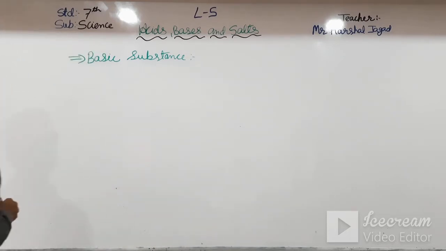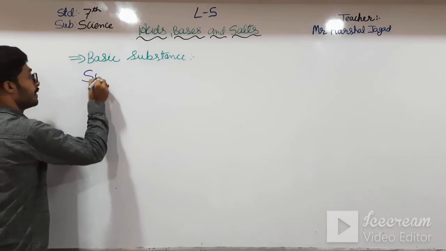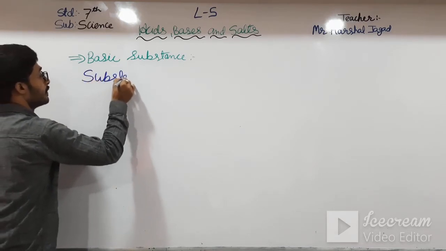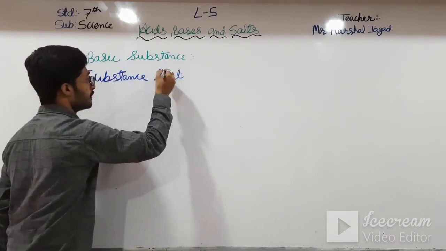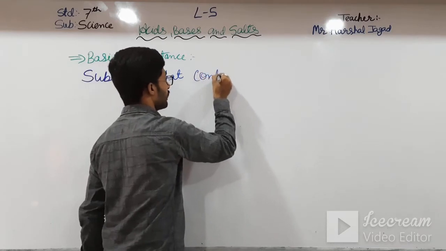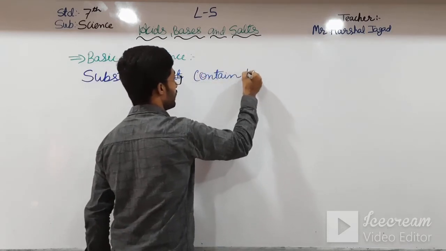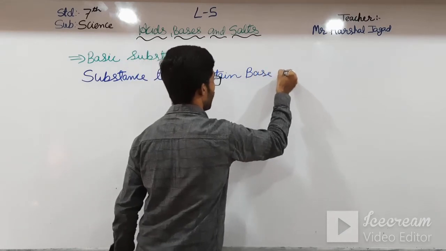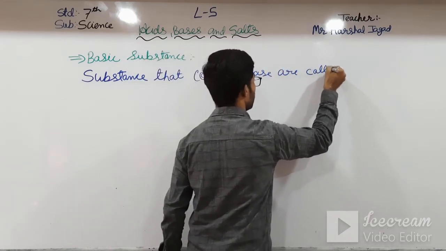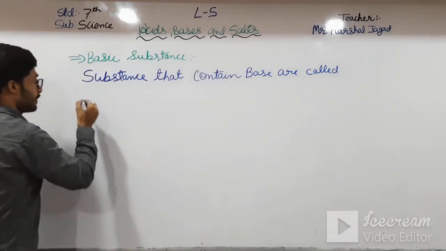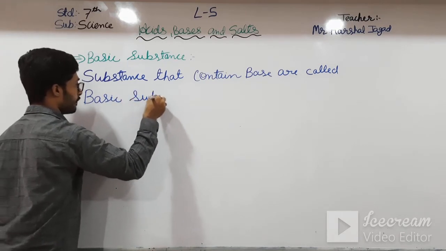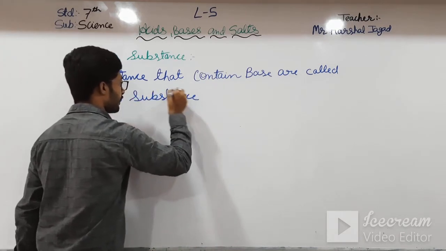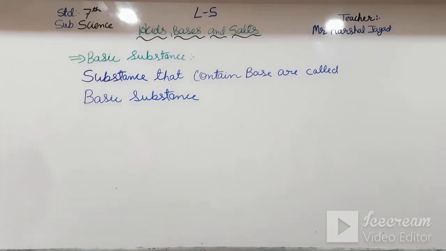We will write the definition: substances that contain base are called basic substances. Substances that contain base are known as basic substances.